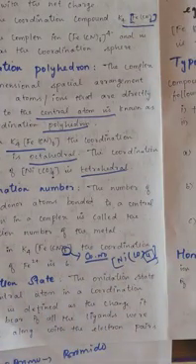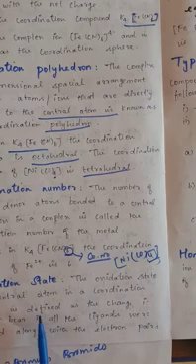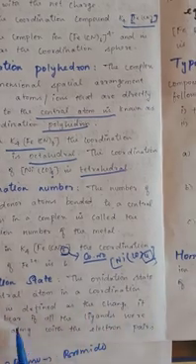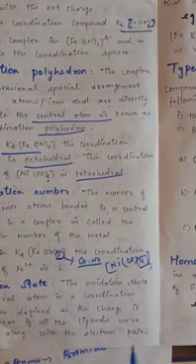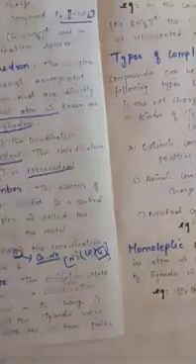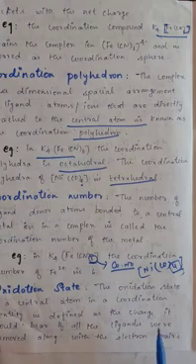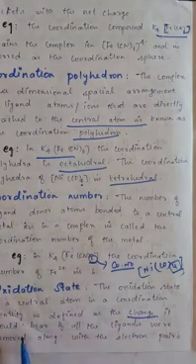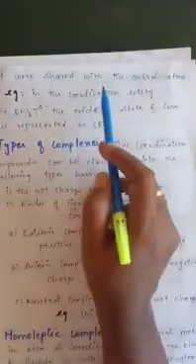Next we are going to see the oxidation state. The oxidation state of a central atom in a coordination entity is defined as the charge it would have if all the ligands were removed along with the electron pairs that were shared with the central atom.